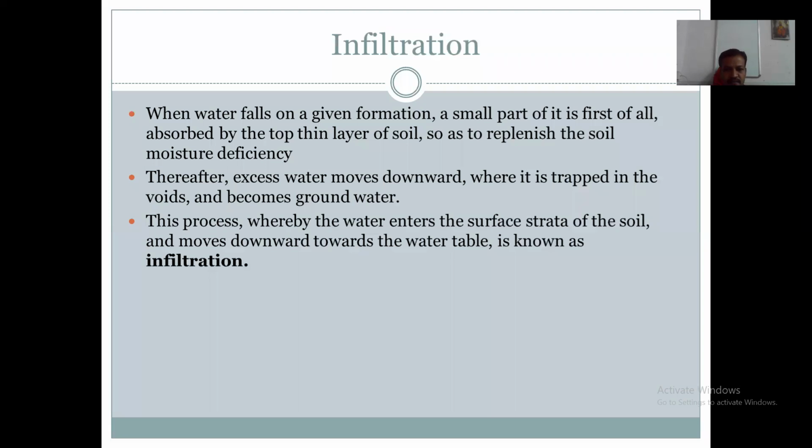It moves downward, and the excess water which flows over the surface and the water absorbed by the soil will flow downward and reach the groundwater table. So this process, when water enters the surface strata of the soil and moves downward towards the water table, is known as infiltration.